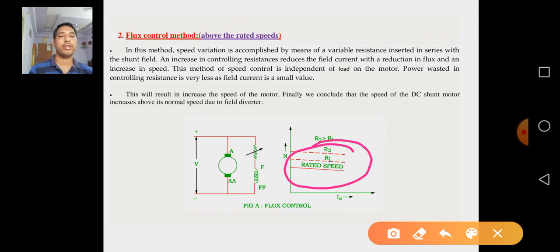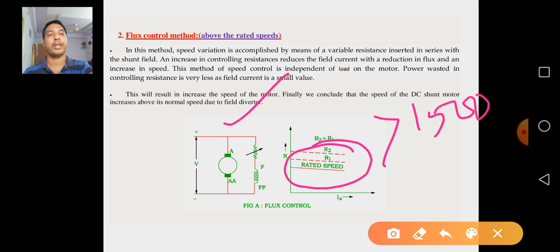For example, if 1500 RPM is the rated speed and you want to get more than 1500 RPM, what method can I go for? Field flux control method. By using the field flux control method, I can get above the rated speeds.